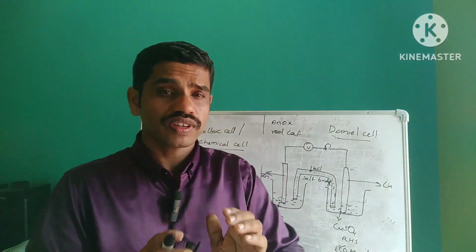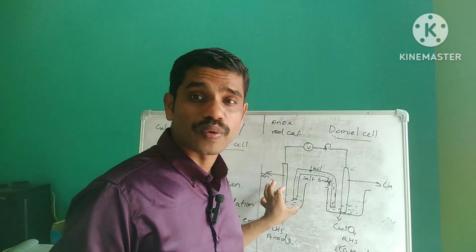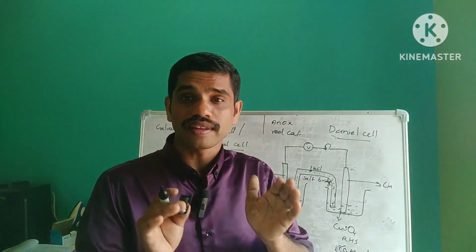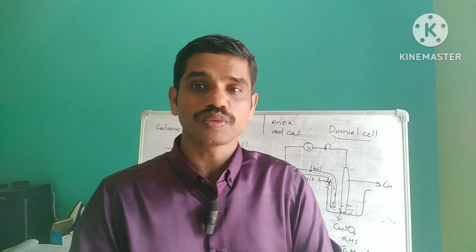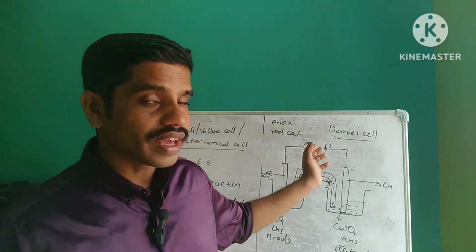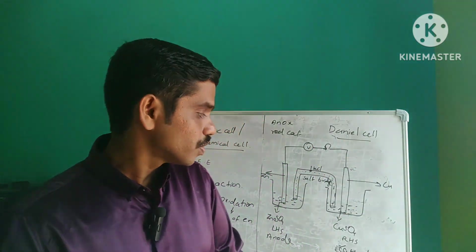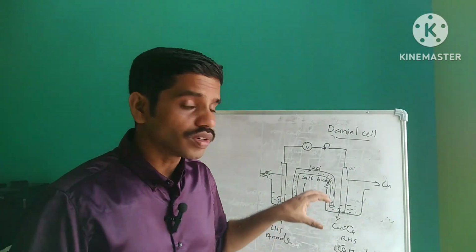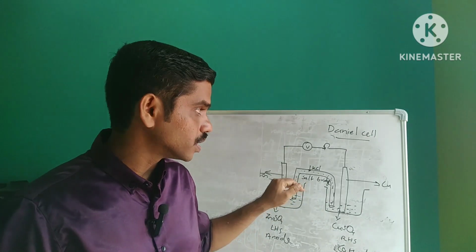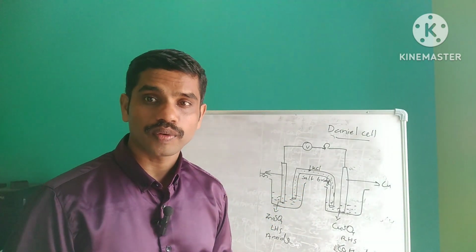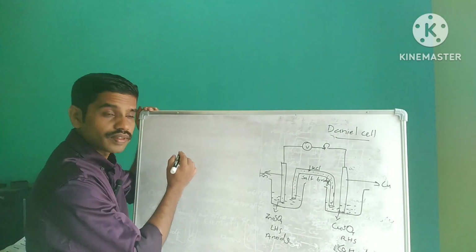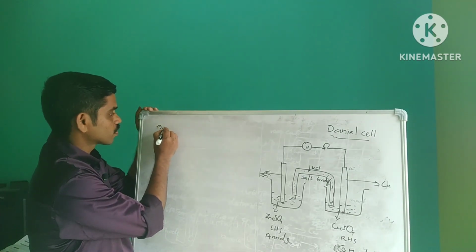If specifically we are using a zinc electrode and zinc sulfate, a copper electrode and copper sulfate, then that arrangement is called a Daniel cell. Now, what is the reaction happening in this Daniel cell? That is what we are going to discuss. First, write the anode reaction.